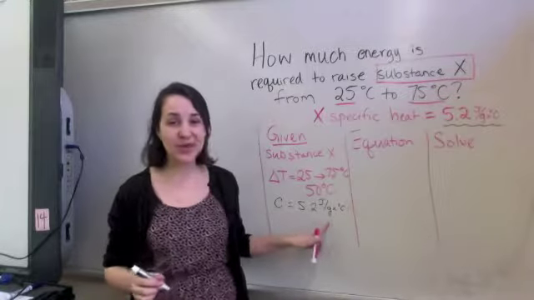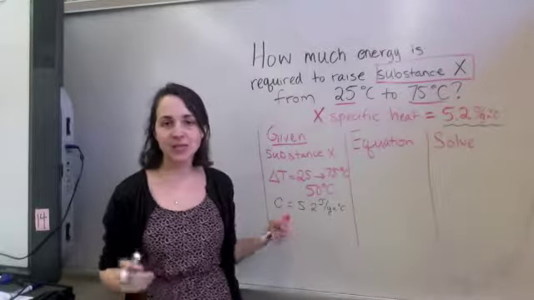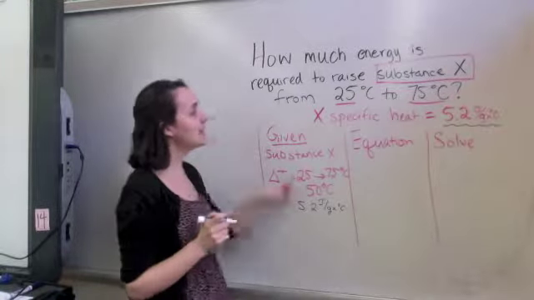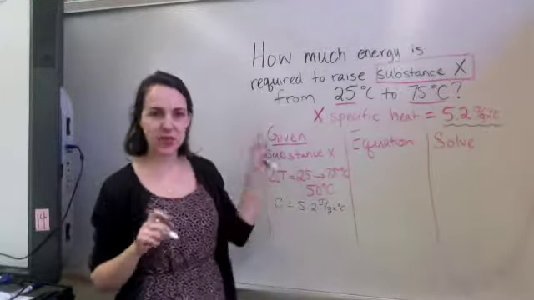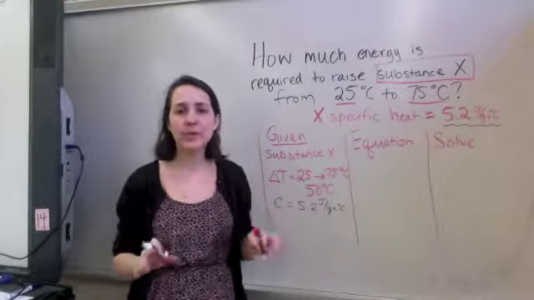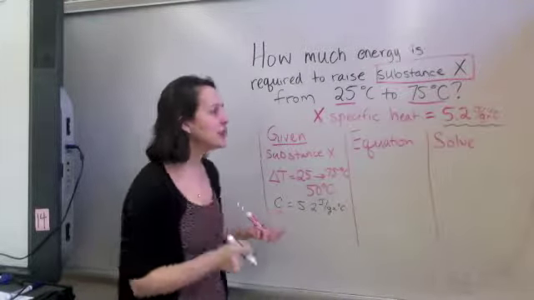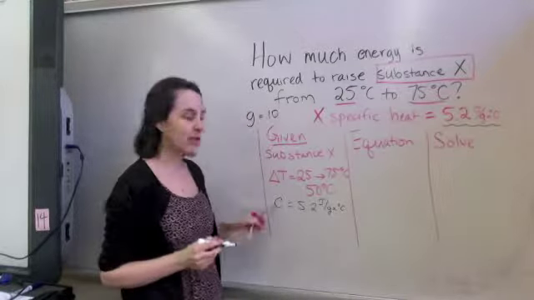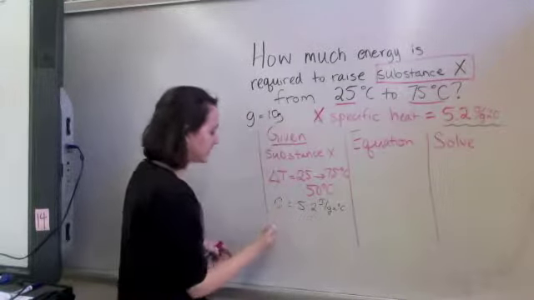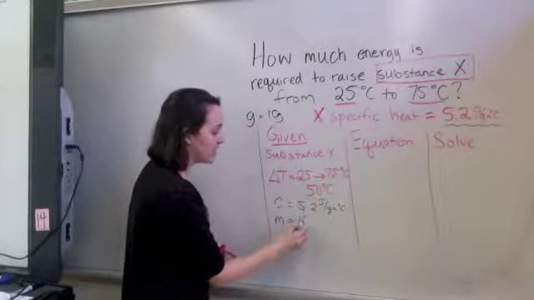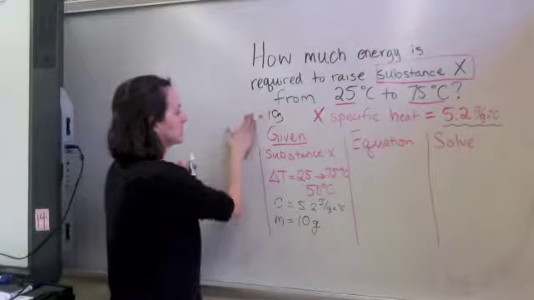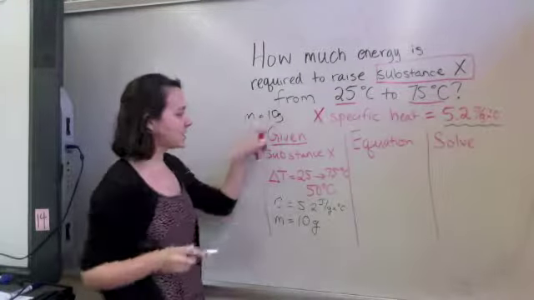It's important that you keep this unit attached because that's going to be part of our entire equation. All right? The last thing that this question didn't tell us, this question wasn't worded very well, we need to know how many grams we have. So let's just assume that our grams are going to be equal to 10. All right, so that's a given. We have our mass is equal to 10 grams. So mass is 10 grams.